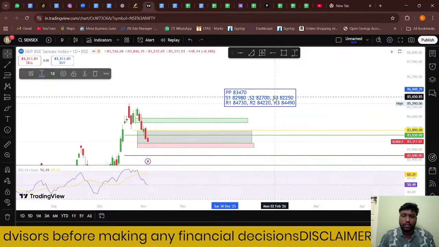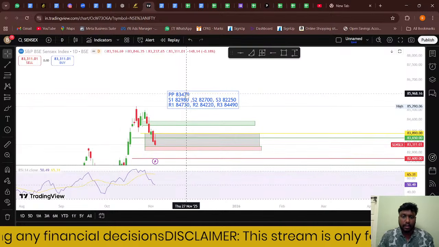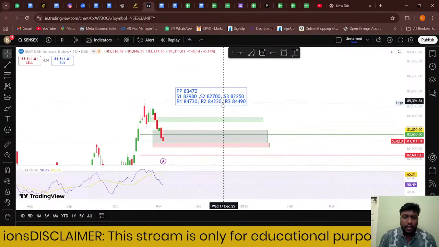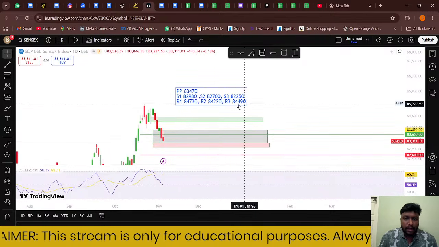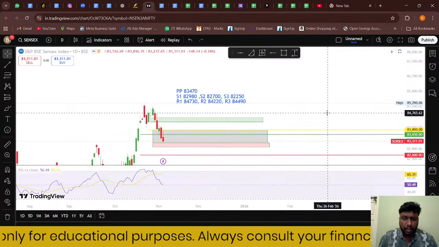So these are the three zones for particular Sensex for the day with respect to its previous day high, low, and close. So pivot point with respect to that, and we have plotted S1, S2, and S3, and respectively R1, R2 and R3.